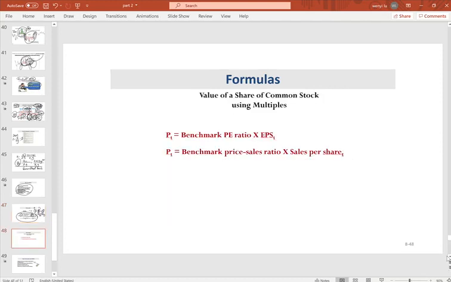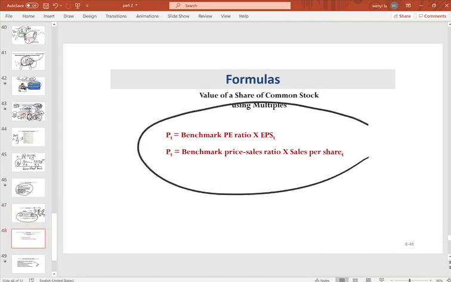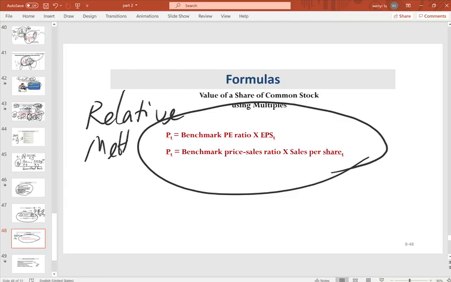And sometimes if the dividends are not given but the required returns are, you can use a relative method: use the P/E ratio times earnings per share.